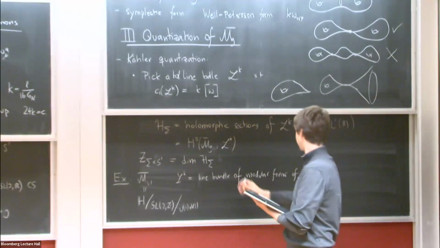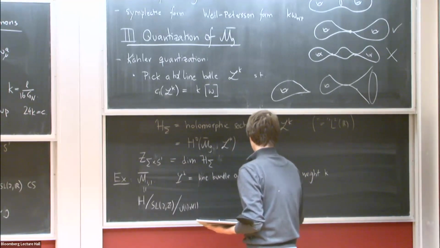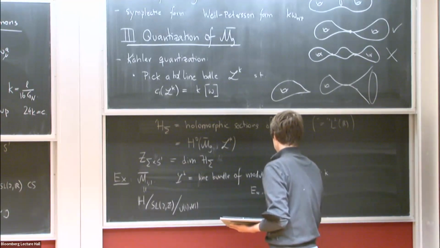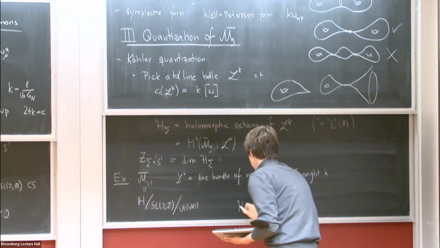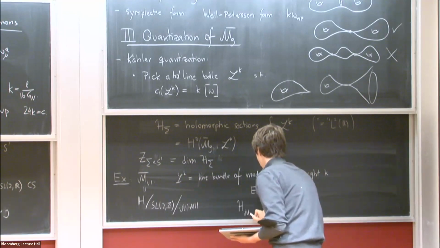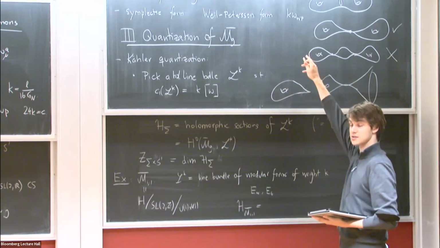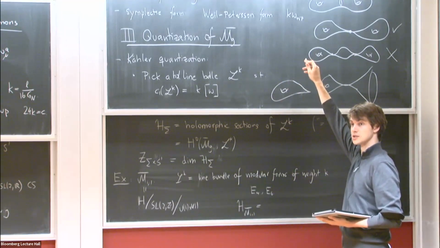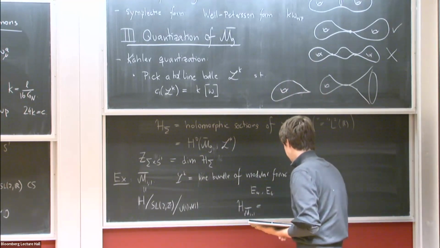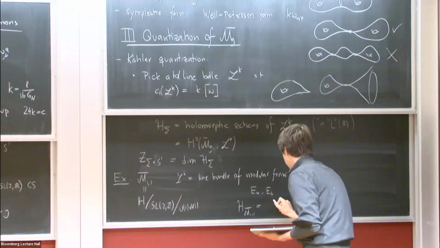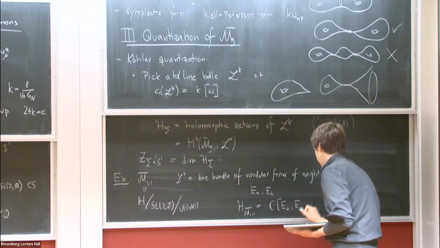Now, hopefully many of you have seen modular forms, and the ring of modular forms is just generated by E4 and E6, the fourth and the sixth Eisenstein series. And what the Hilbert space is, is what you get by quantizing M11. I should also say that K plays the role of 1 over h bar in this quantization. So this Hilbert space that depends on K is just the degree K component of the ring of modular forms generated by E4 and E6.